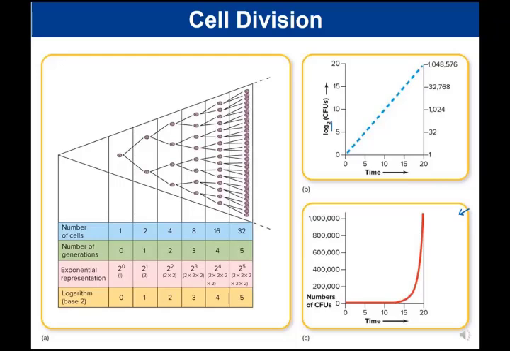It's just the population size looks a little bit different if you plot it on the arithmetic versus the logarithmic scale. And so more often than not, when we plot growth curves for bacteria, we're going to plot it on a log scale. And that's going to show that increase in the population size. It's not going to make it look like it's just flat to start with.